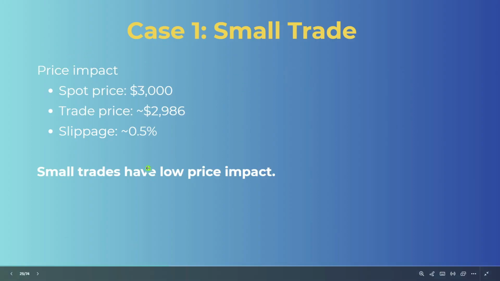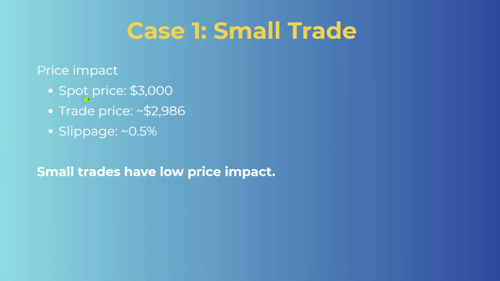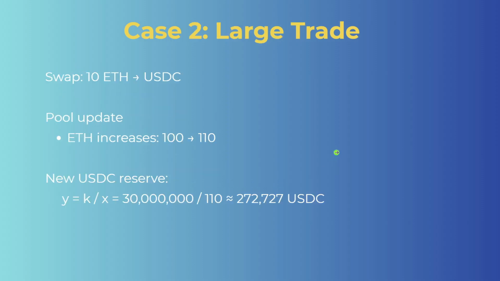So here the calculation has been made more clear. Spot price $3,000, trade price 2,900, and so on, and the slippage here 0.5%. So small trades have a low price impact. Let's talk about the larger trade.